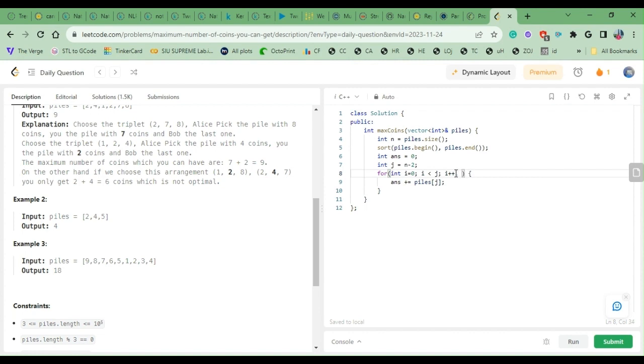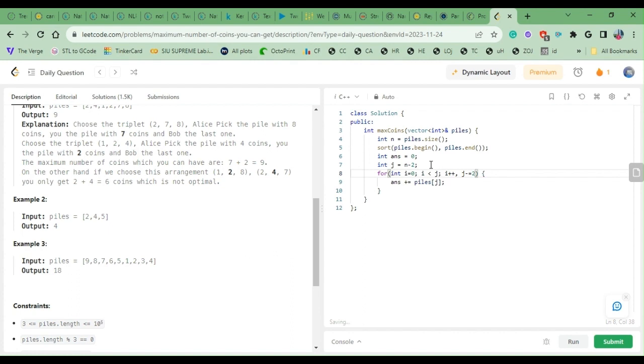I have to decrement the j value as I started j from the last of the array. That means I'm traversing the array from greater to lower. So I have to reduce the value of j by 2.